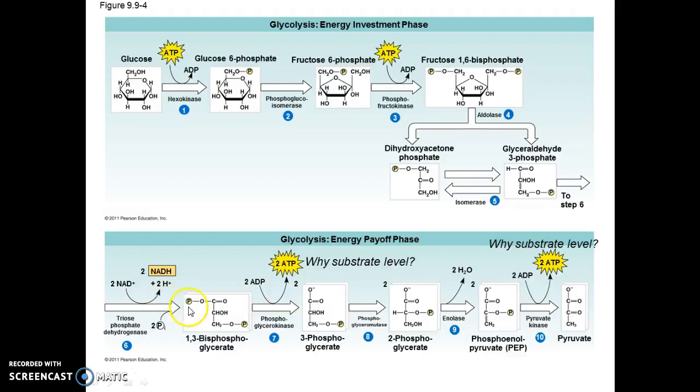That phosphate group is actually removed from this organic substrate and added on to ADP. Same thing over here. Phosphoenolpyruvate did have a phosphate group. That phosphate group got stolen and glued on to ADP. So both of these are substrate level phosphorylation because that phosphate group is stolen from someone else.